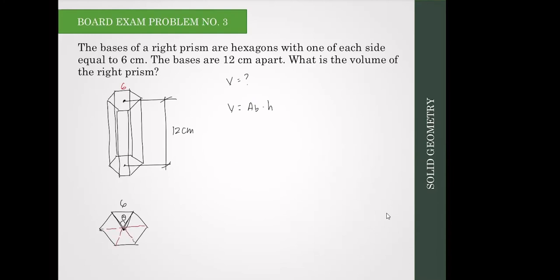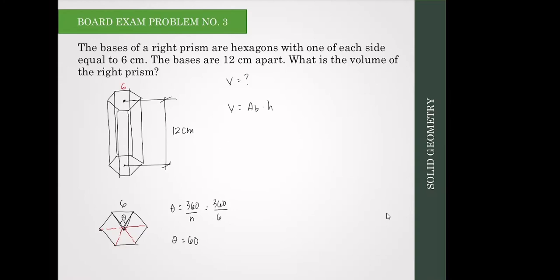Para ma-simplify yung area ng hexagon. So para makuha yung theta is equals to 360 kasi central angle yun. Kailangan lang natin yung number ng side, i-divide mo lang siya. So, 360 divide 6, that is theta is equals to 60.